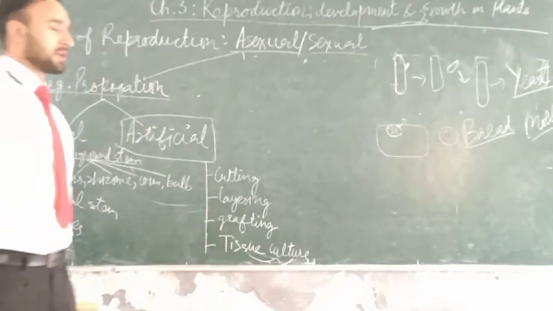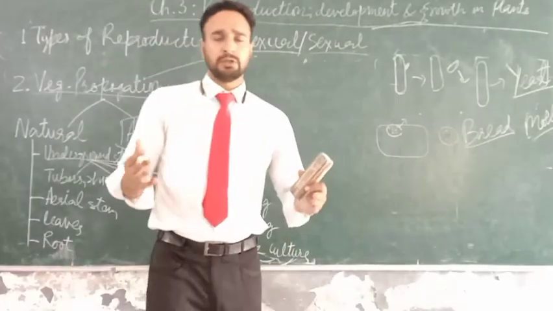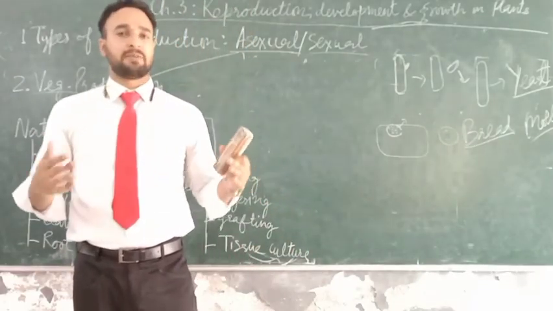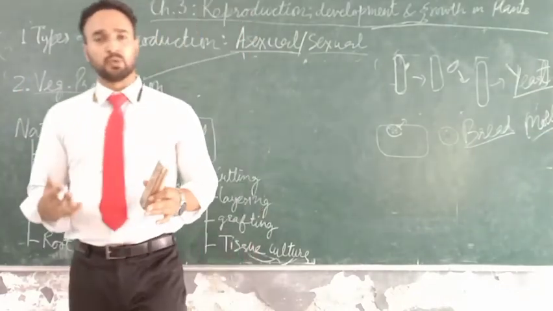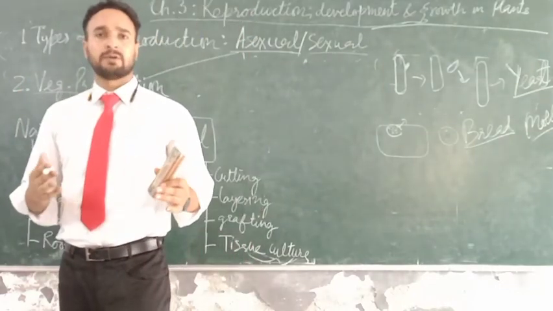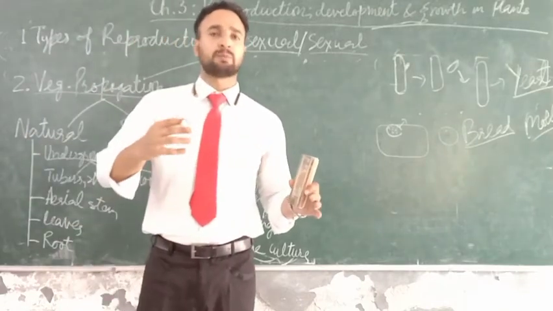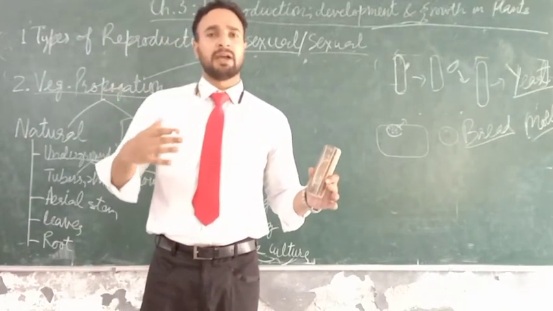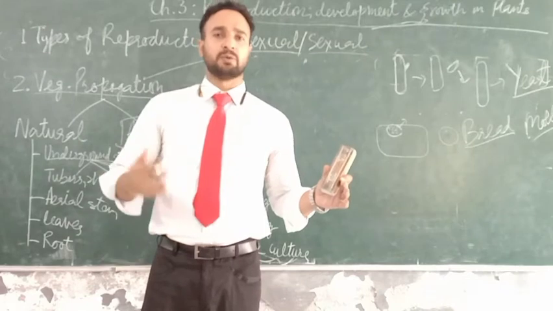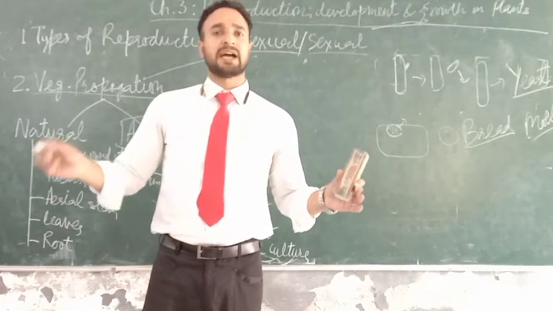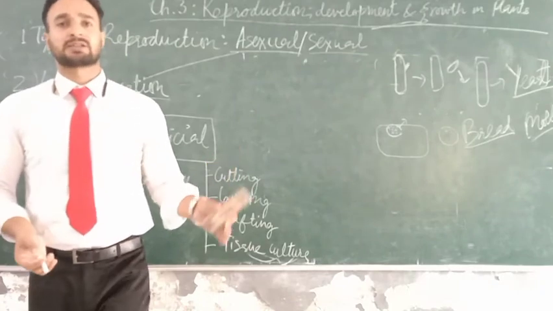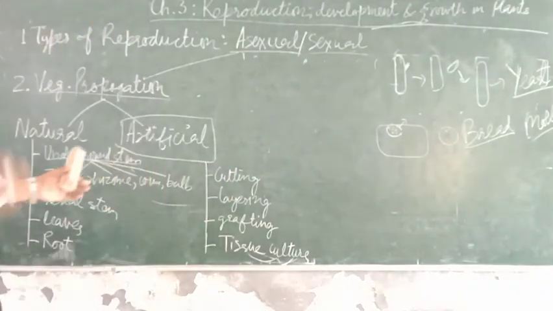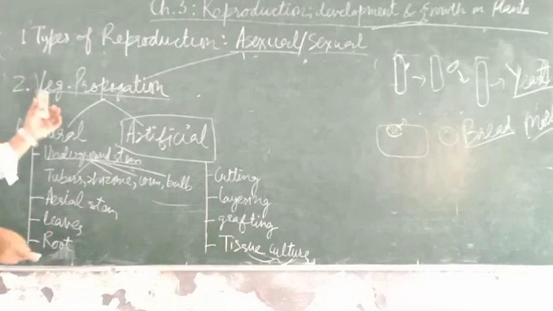In vegetative reproduction, new plants can be generated from any part of the plant, whether it is stem, root, underground stem, flower, or leaves. This kind of reproduction is called vegetative propagation.